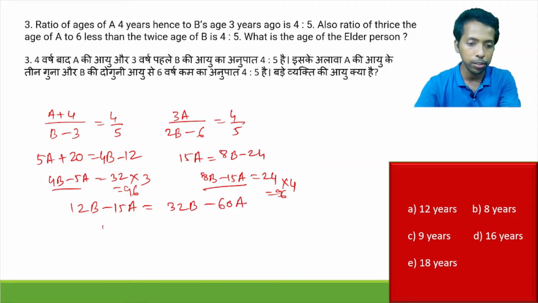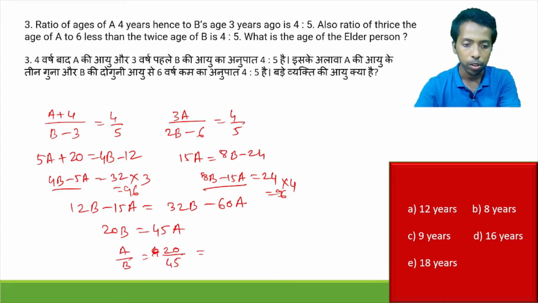Hope it's clear to you. This is 20b equals 45a. So a by b is 20 divided by 45. If we reduce this form, that is 4 by 9 here, right?